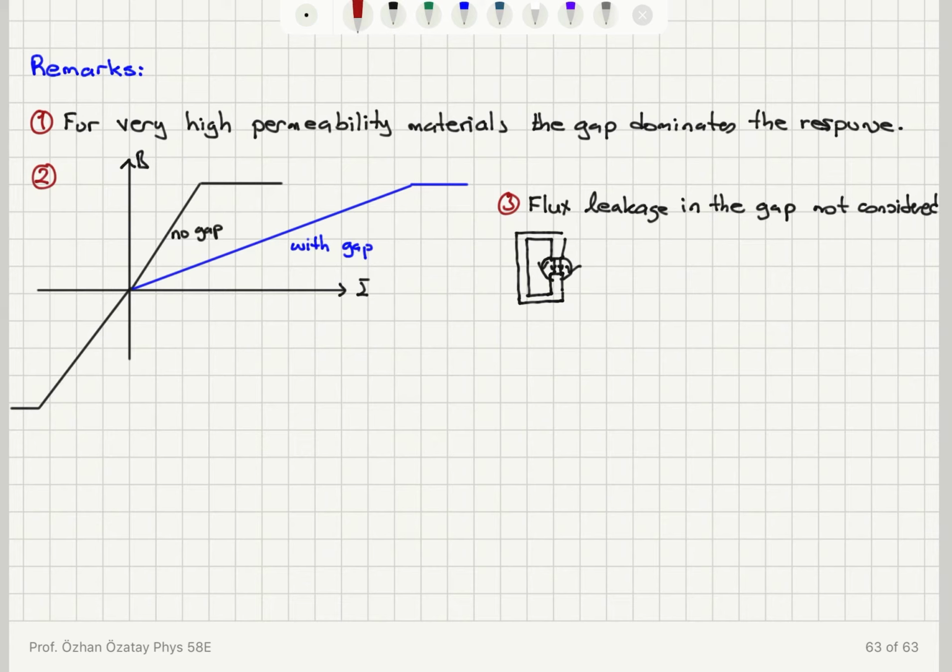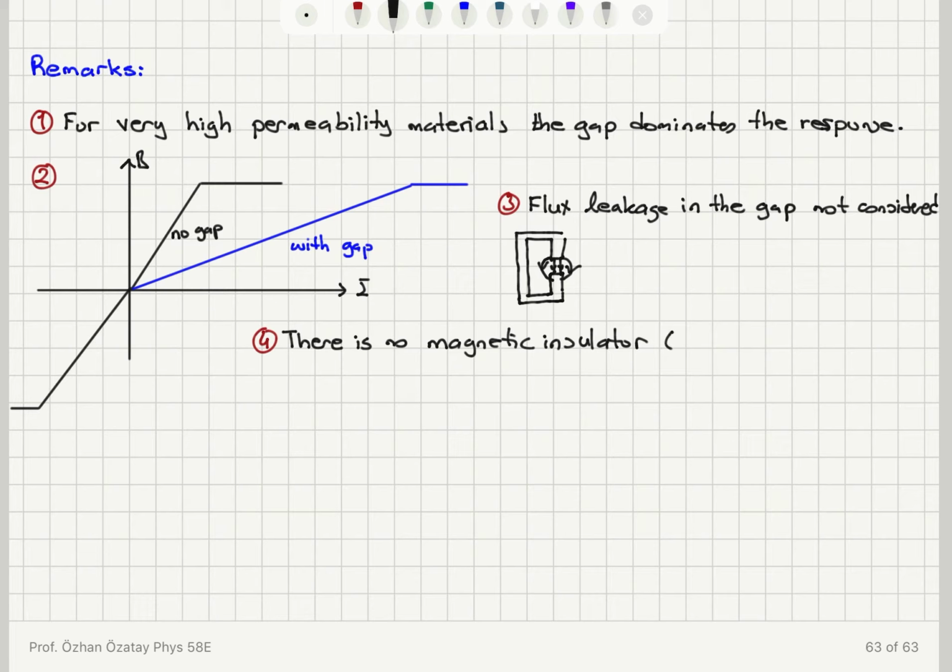And number 4, when we are making this analogy, you have an electrical insulator, but there is no magnetic insulator. Even if you have air, that is not insulating to a magnetic flux, so there is no magnetic insulator.